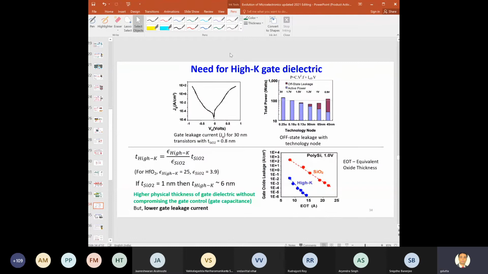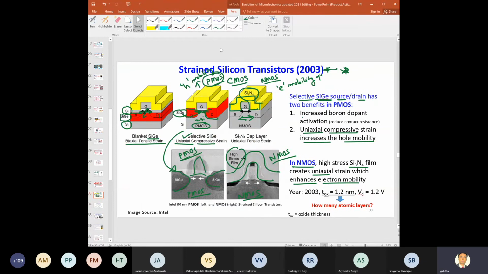Okay, right. Before we go to the next slide, I think I should tell you this. In 2003, at the 90 nanometer technology node, what is TOX? TOX is the oxide thickness, right? What was the thickness at that time in that node? It is 1.2 nanometer, because I already told you, when you want to shrink the device size, the oxide thickness of the MOSFET also has to be reduced, right?